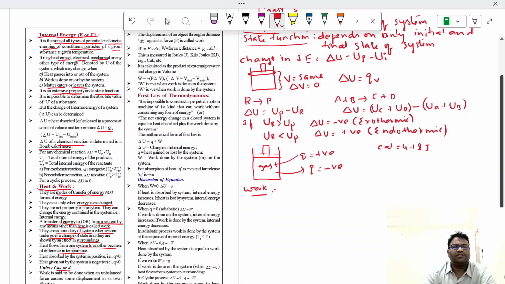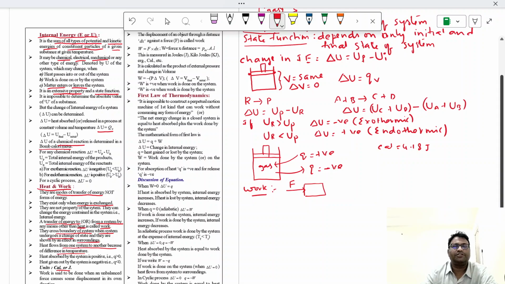So what is work done? Work is said to be done when a resultant force displaces a body in its direction. For example, there is a body here. Now there is some force, resultant force, which is also called an unbalanced force.